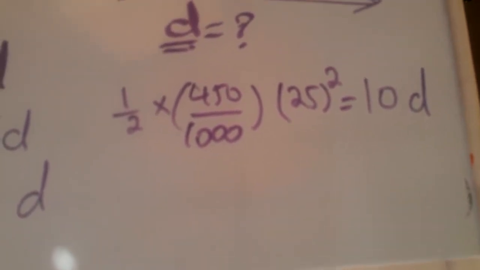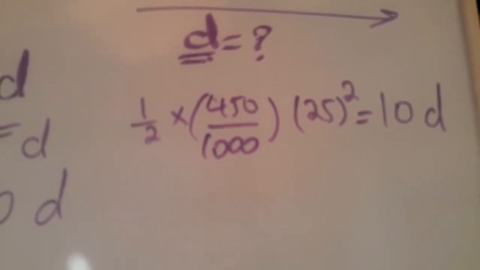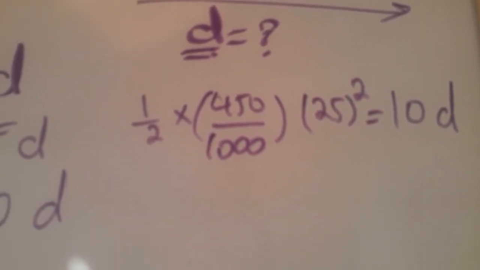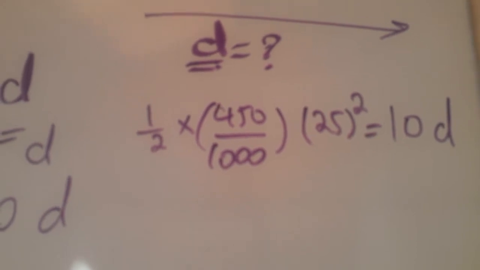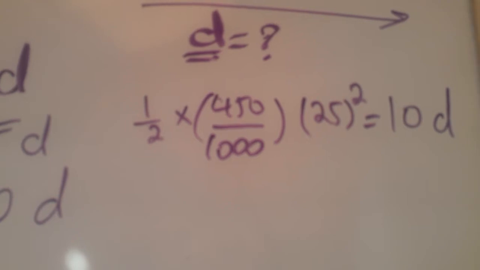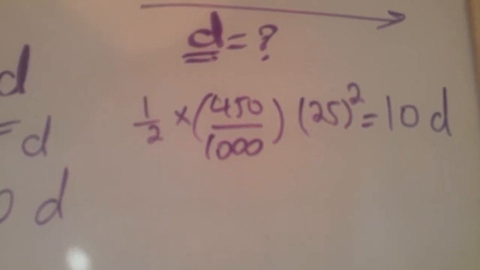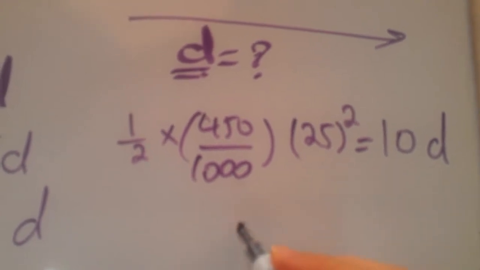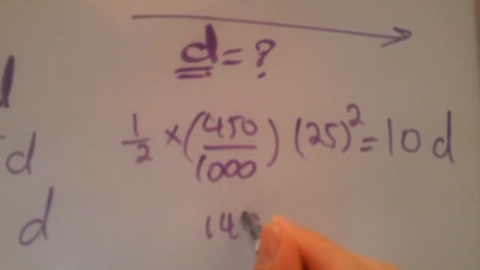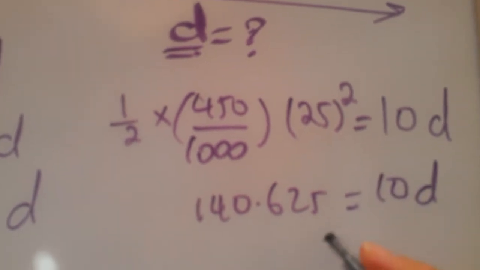That gives me 625 divided by 2 and then multiplied by 0.45, and that gives me 140.625, and that's equal to 10d.